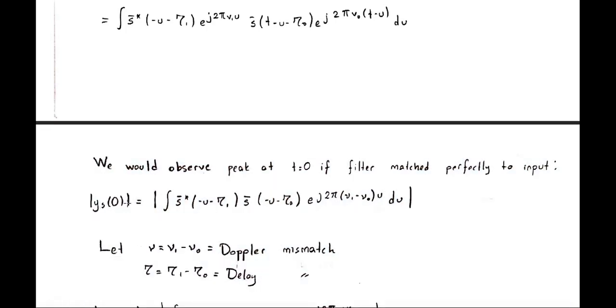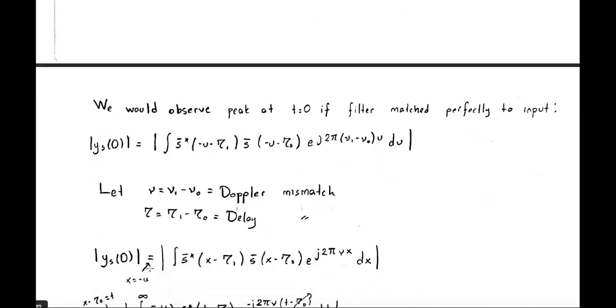So now I want to write this function basically in terms of my mismatch terms v and tau. Let's do that. The first thing we're going to do is get rid of these minus u terms. So instead of minus u, we're going to first write x. So we're going to get x minus tau 1 and x minus tau 0 here.